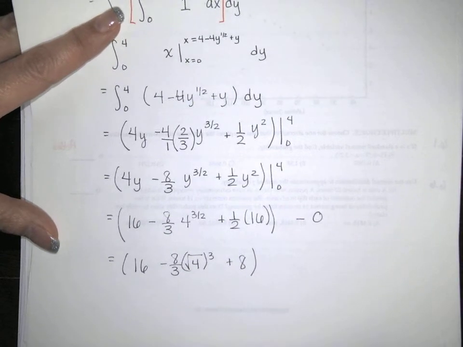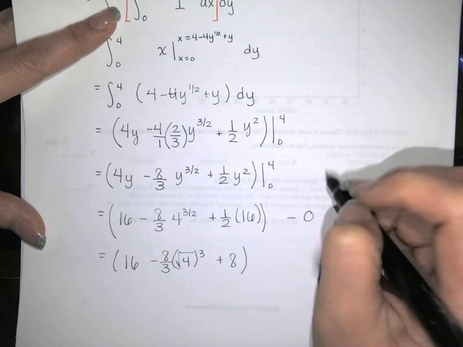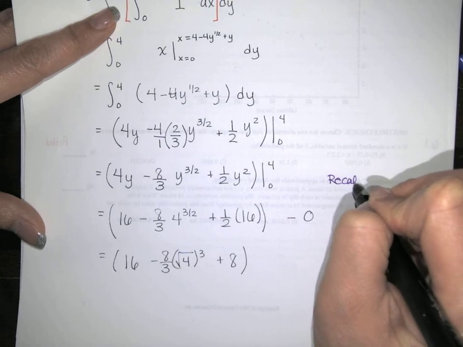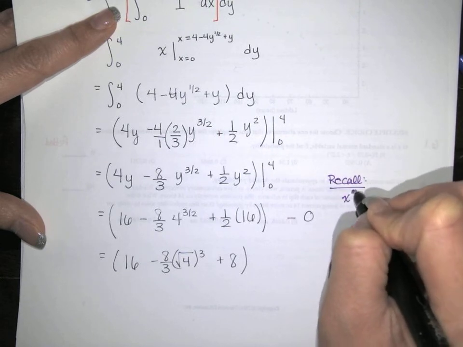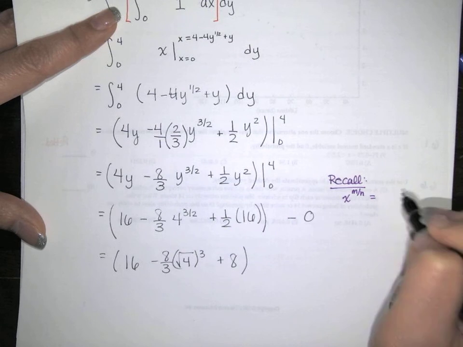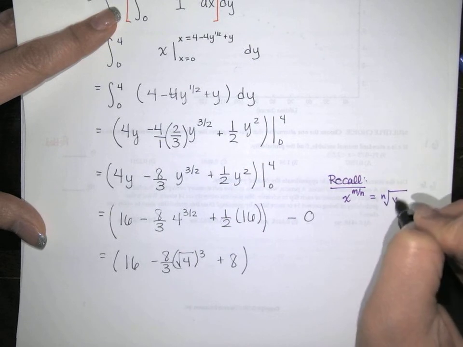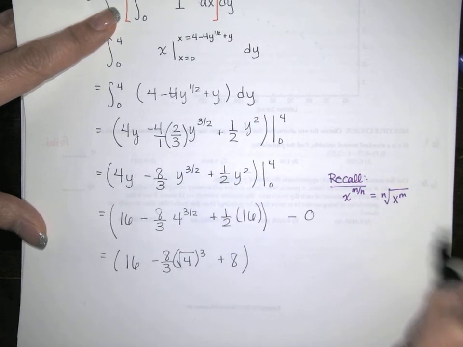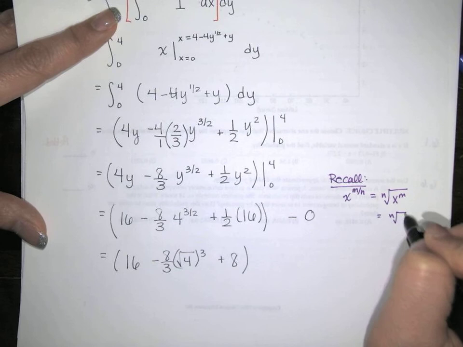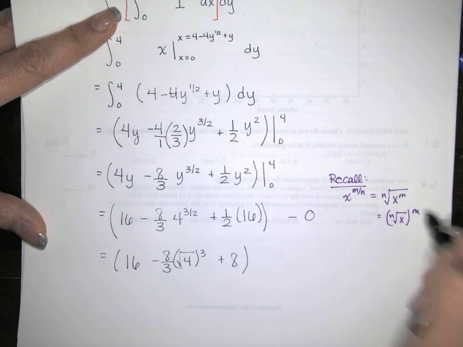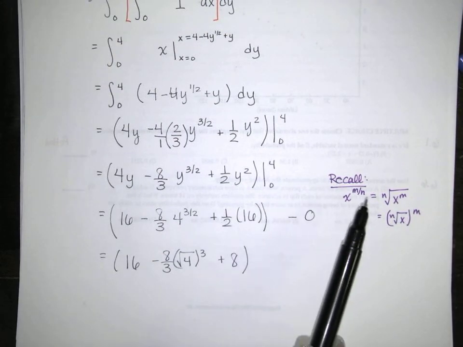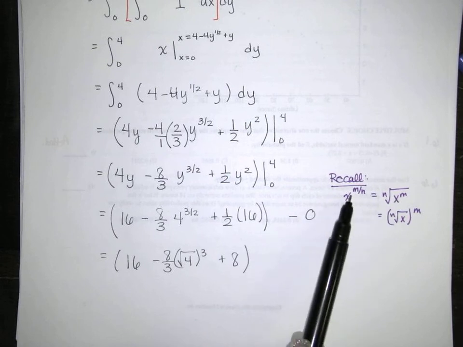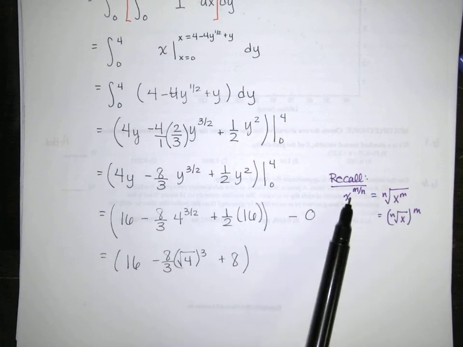Now, if you don't remember that, let me just write that rule down for you. Remember, if you have x to the m over n, that's the nth root of x to the m. Or, if you want, you can take the nth root of x first and raise it to the m. Now, most of the time when I'm rewriting algebraic expressions, I use this first one. We go from here to here and vice versa.